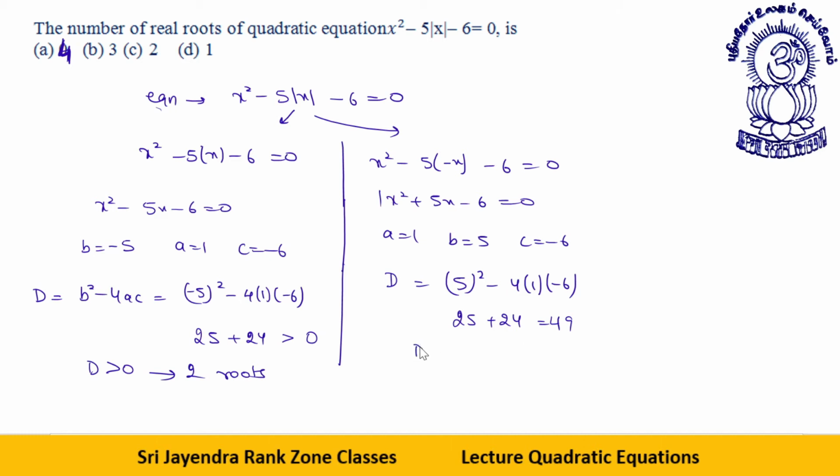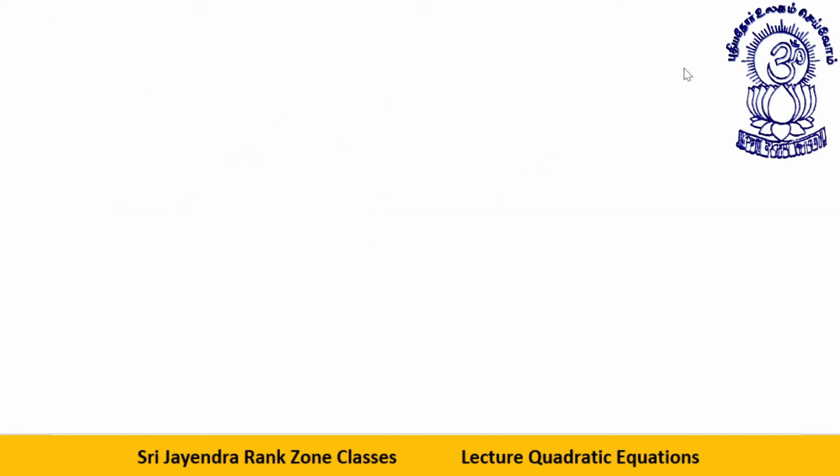Here also, D is greater than 0, so we have two more roots for this equation also. So in total we have 2 plus 2, 4 roots for this equation. Is this clear to all? Okay, let's take the next one.